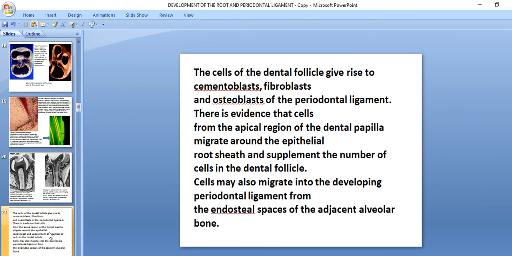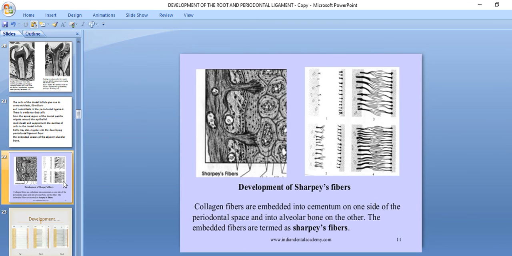With the onset of root formation, the cells show an increase in cytoplasmic organelles, especially those associated with protein synthesis and secretion, and extracellular space begins to fill with collagen and ground substance. These cells of the dental follicle give rise to cementoblasts, fibroblasts, and osteoblasts of the periodontal ligament.